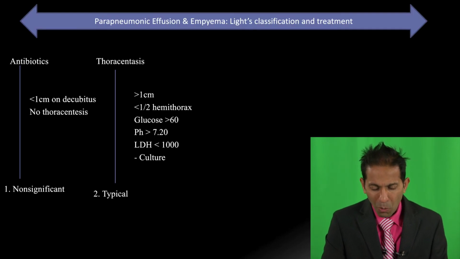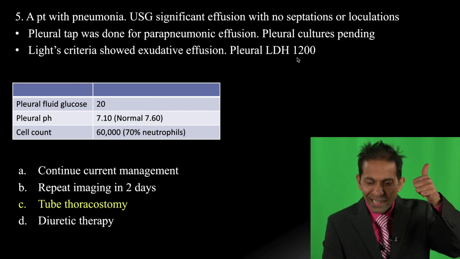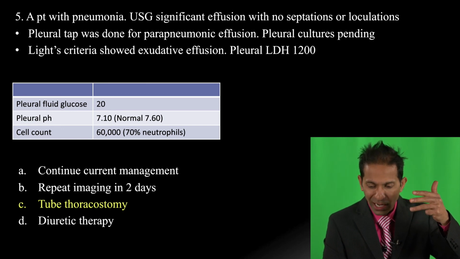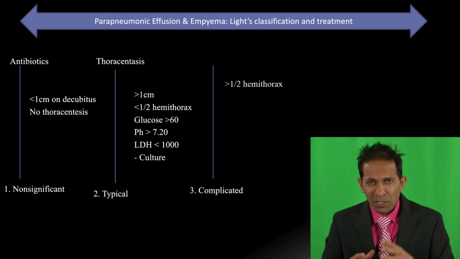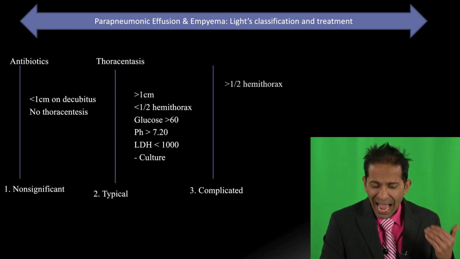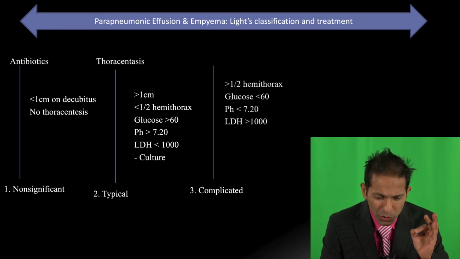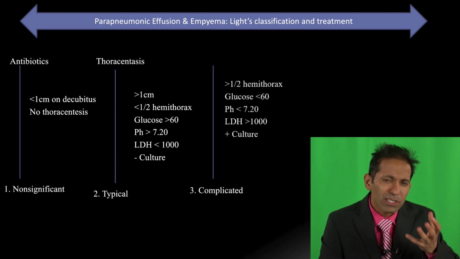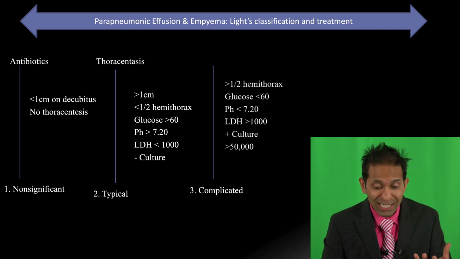So let's talk about what a complicated parapneumonic effusion is. In this patient, pleural LDH is 1200, which is high, glucose is low, 20, pH is low, and cell count is very high. A complicated effusion typically covers more than half of the hemithorax, glucose less than 20, pH less than 7.2, LDH typically more than 1000, and if you do culture, it will be positive, and white cell count is more than 50,000.